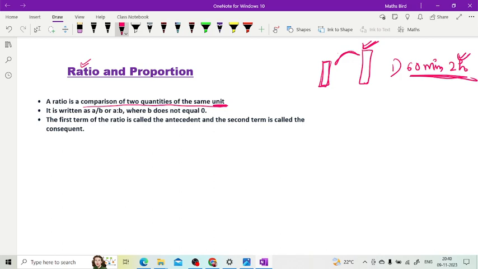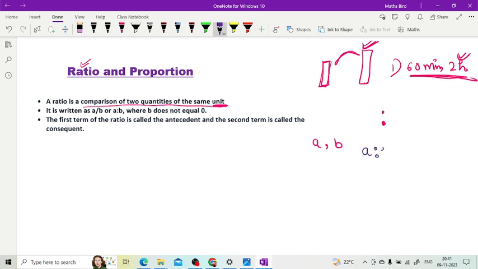The second thing is, what is ratio? Ratio means if we are comparing any two quantities of the same unit, we will use ratio. What is the symbol of ratio? This is the symbol of ratio, and it is written as, suppose two quantities are A and B. Suppose the first one is A and the second one is B, and now we are comparing these two quantities.